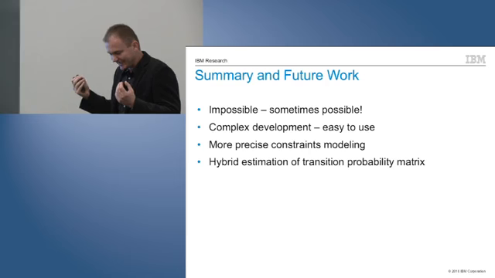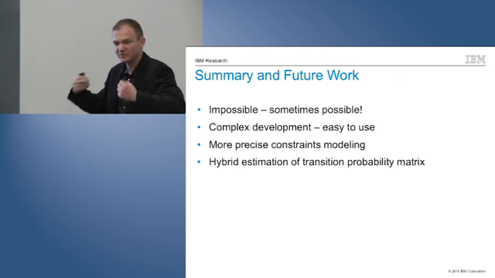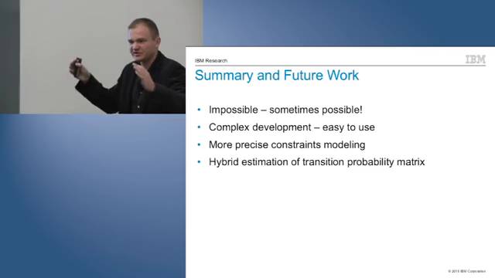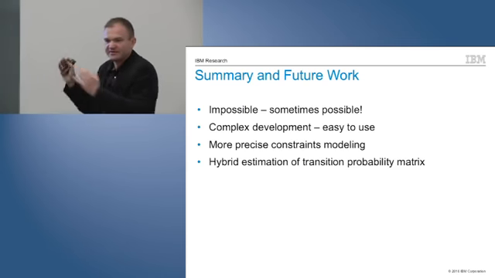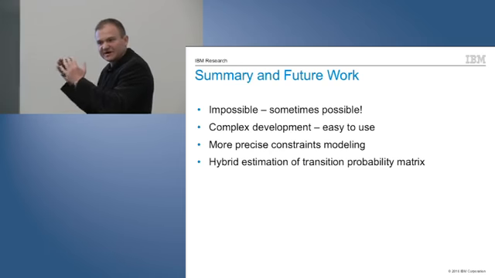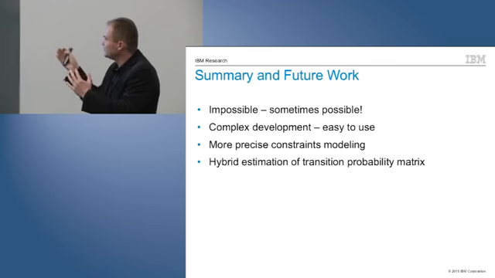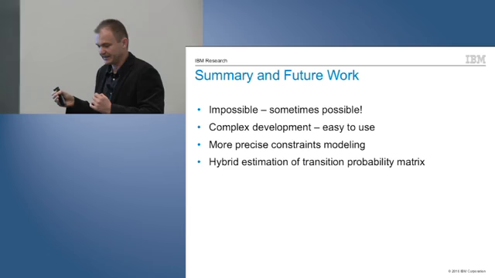The transition probability matrix is something that describes the dynamics of the plant. Instead of all the differential equations that are modeled in the simulator, we have a transition probability matrix. This is our plant. And improving its estimation can provide additional improvement in the results.